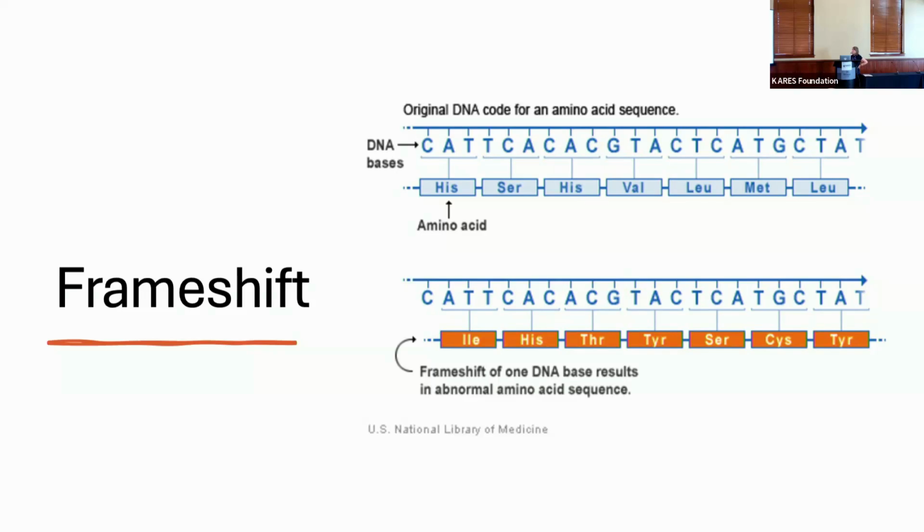But what happens with a frame shift, and that's caused by either a deletion or missing 1 base pair or adding 1 base pair, is that it throws off that reading frame of the 3 base pairs, and it results in the production of a different amino acid. So again, it sort of shifts the way that the DNA is read into the amino acids. And so that's called a frame shift.